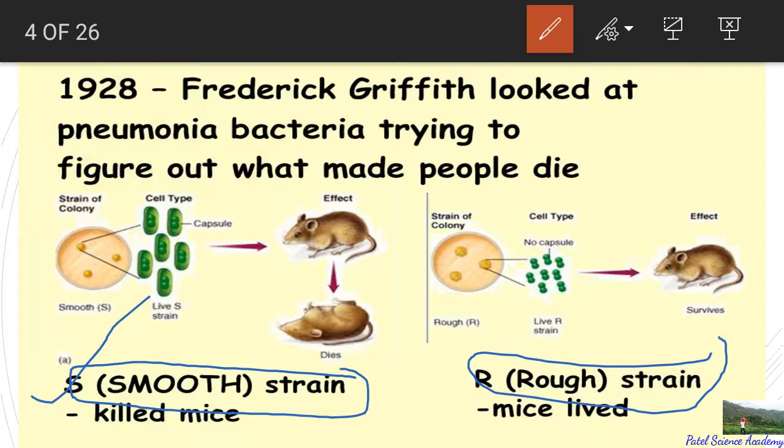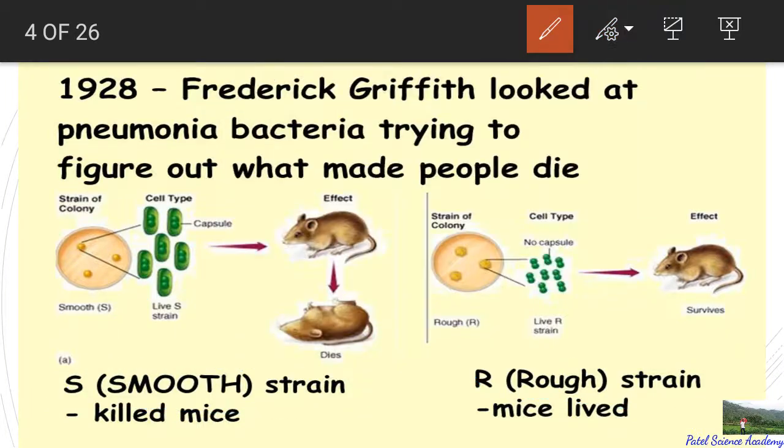So we'll see the detail of both of the strains of this Streptococcus pneumoniae on the mice one by one. So dear students, let's see the detail of this Griffith experiment here.